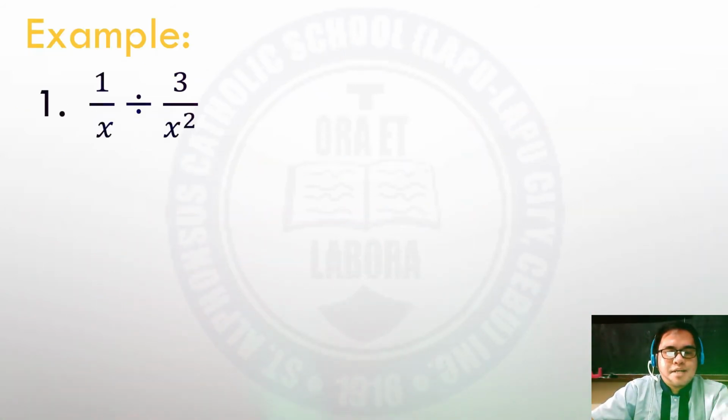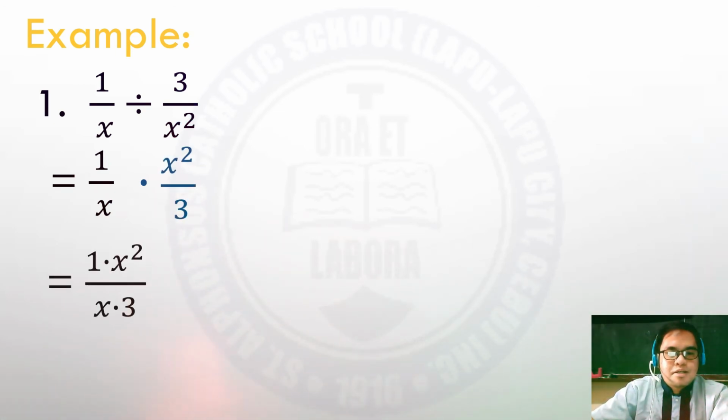Okay, for example number 1, if we have 1 over x divided by 3 over x squared. Now rewrite the first rational expression and transform this division to multiplication. Then the second rational expression should be reciprocated, and it will become x squared over 3. So multiply both numerators and denominators.